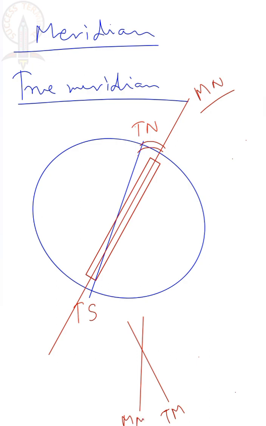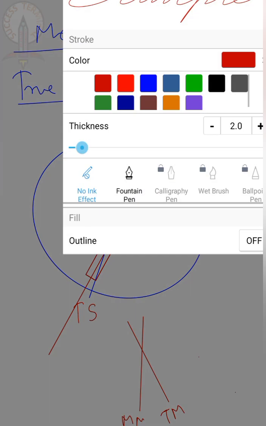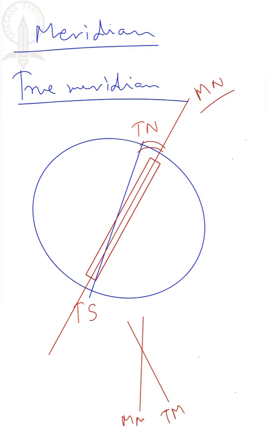And if we are taking a line in this way, let's change the color of the line. So this one. Now what will happen? See, this is our line AB. Now the angle between true meridian and the line is known as true bearing. True bearing.